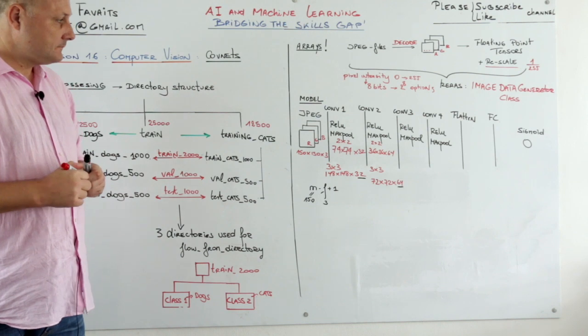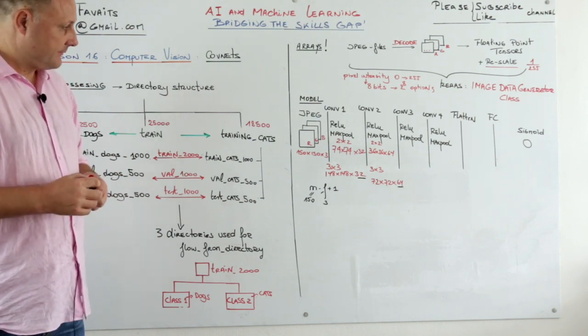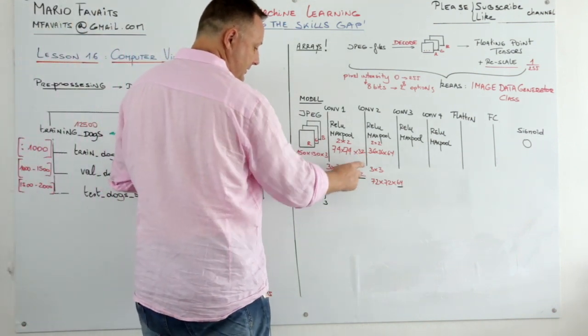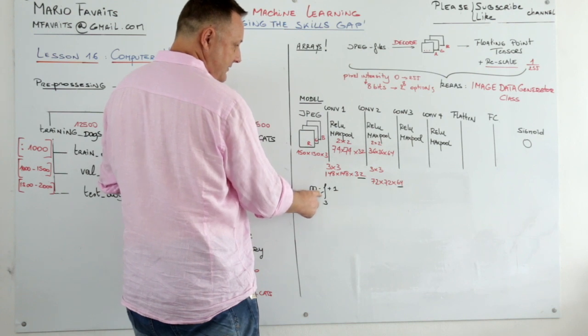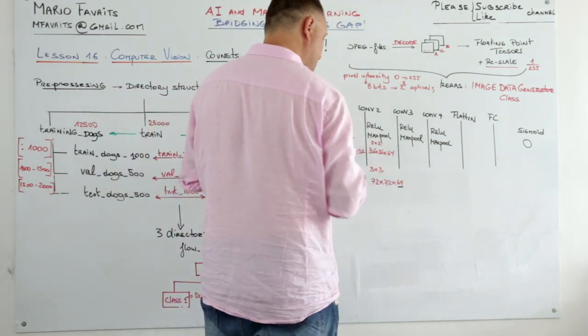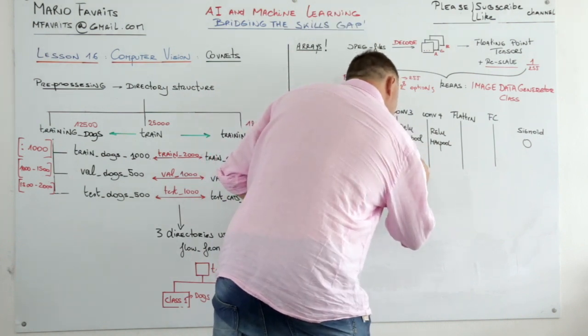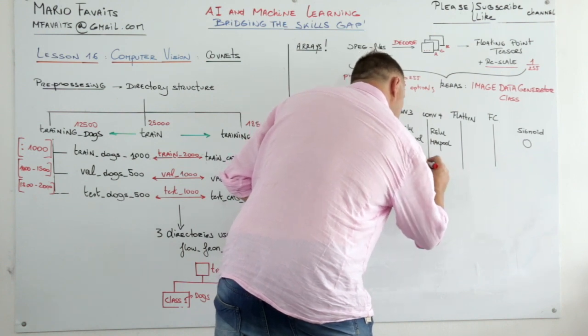Alright? So now we're going to have a third convolutional layer. And so n minus f is 36 minus 3 is 33, so it's going to be 34. In this case you're going to have 34 times 34 times 128.